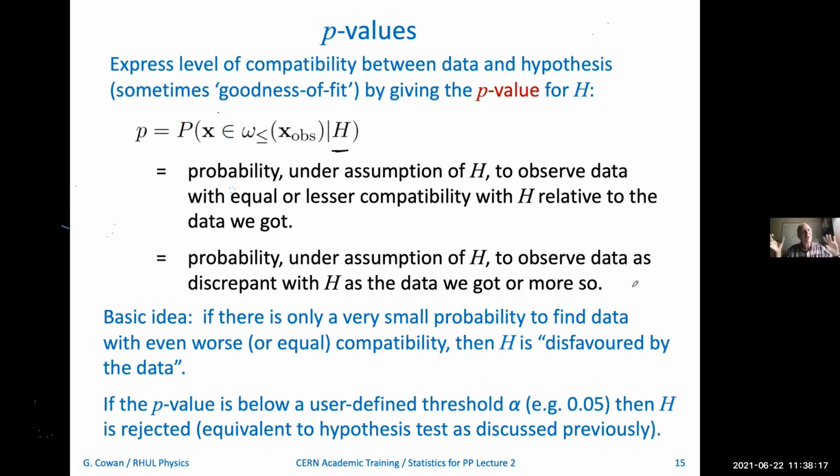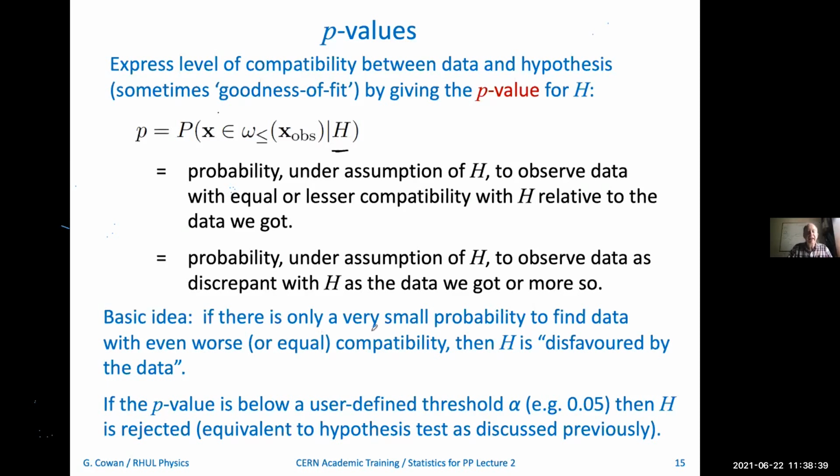It's quite difficult, I find, to formulate that in words, but that's the basic idea. The basic idea is that if you get a very small number for this p-value, then that means that there's only a very small probability to find data as bizarre as the data that you found, or more so.